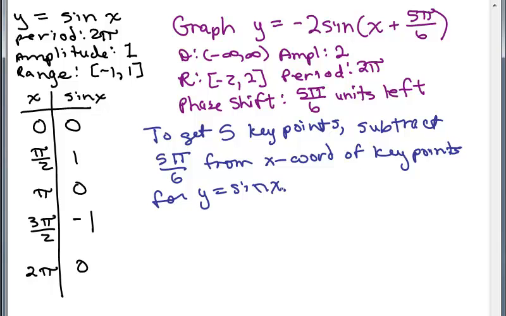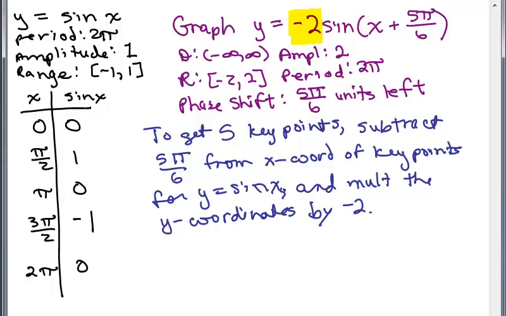But what about the y coordinate? This -2 tells me if I know the sine of x plus 5 pi over 6, I'm just going to multiply everything by -2. So I'm going to subtract 5 pi over 6 from the x coordinates, and I'm going to multiply the y coordinates by -2.